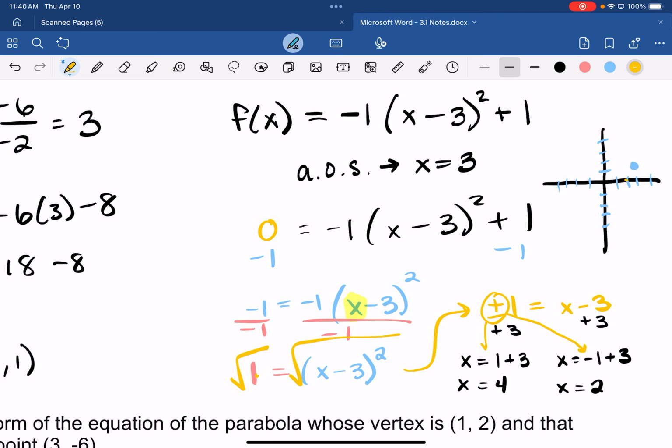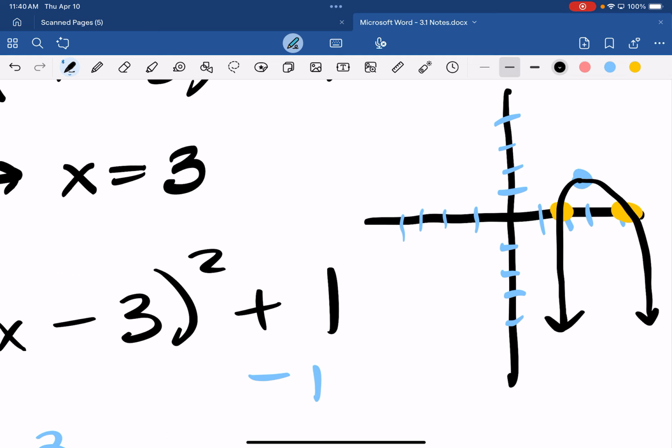I have an x-intercept at 2, an x-intercept at 4. So now I should have 3 points on my sketch. If you already sketched it in, maybe just add those points. All right, any questions on these?